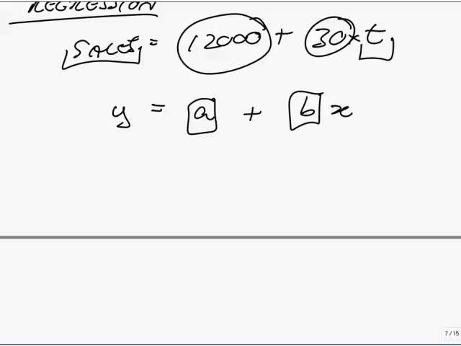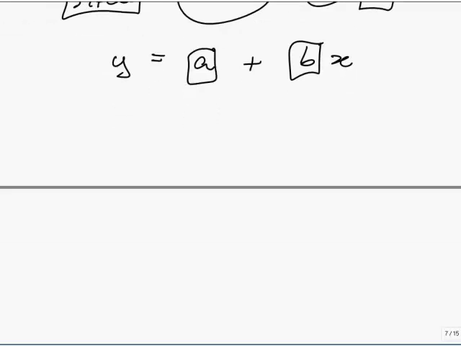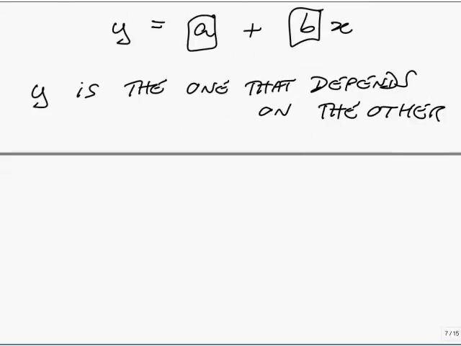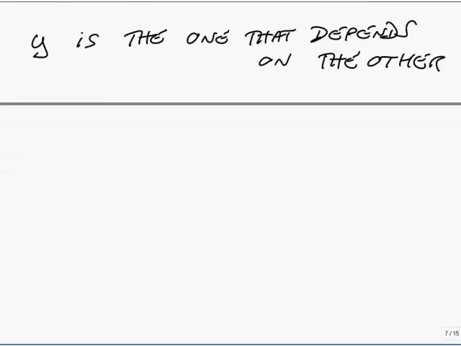The wording, but then I'll just check you understand me. y is the one that depends on the other. And so to make clear you understand what I mean, and then I'll just check you with one or two.